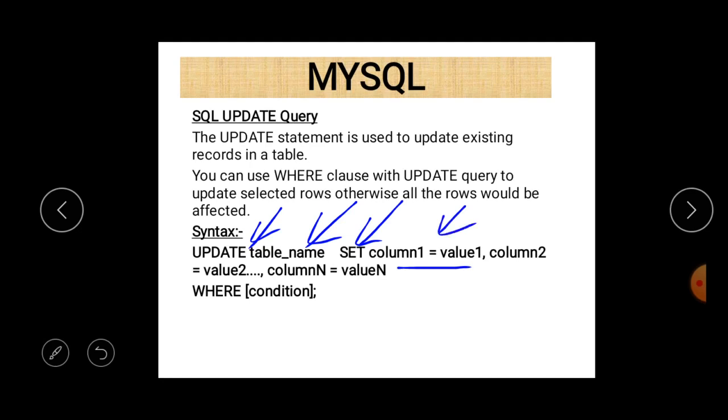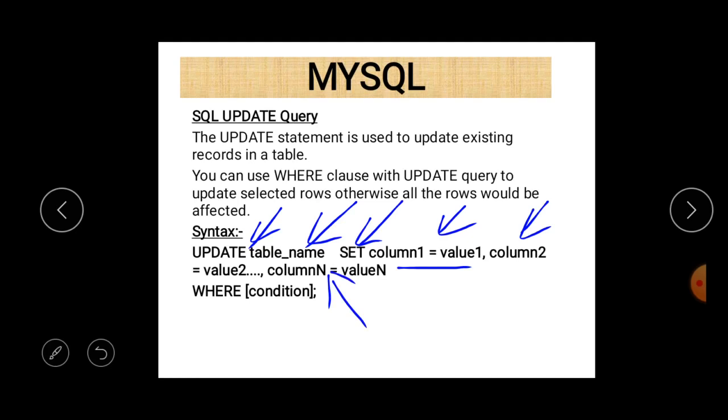So all values of column 1 now become value 1. And if you want to change values related to column 2, then after a comma, you can just write column 2 is equal to value 2, and this process goes up to column n, meaning the total number of columns available in a particular table.